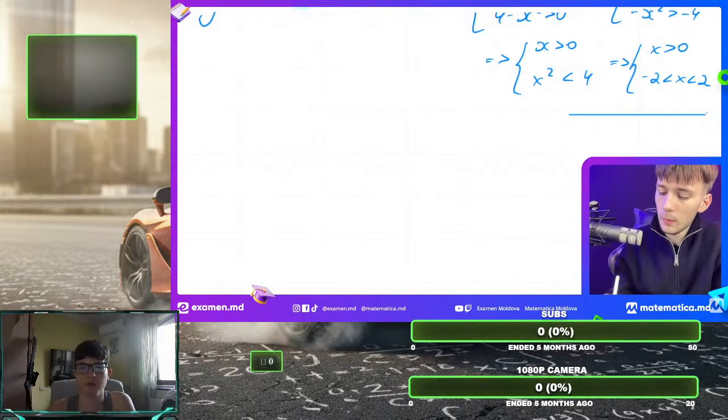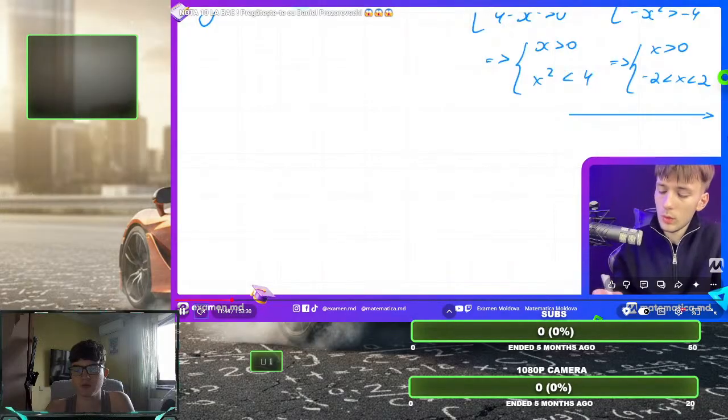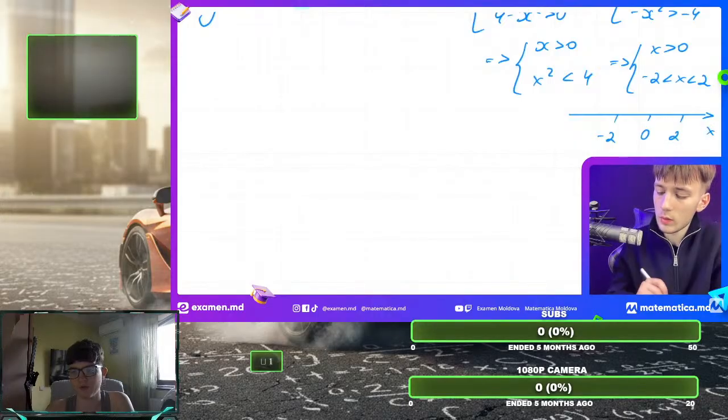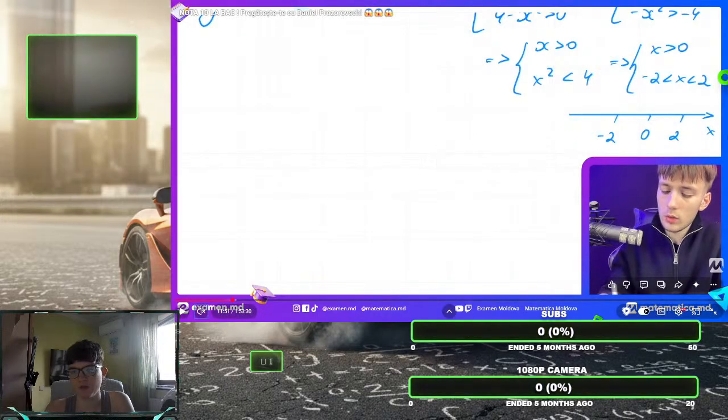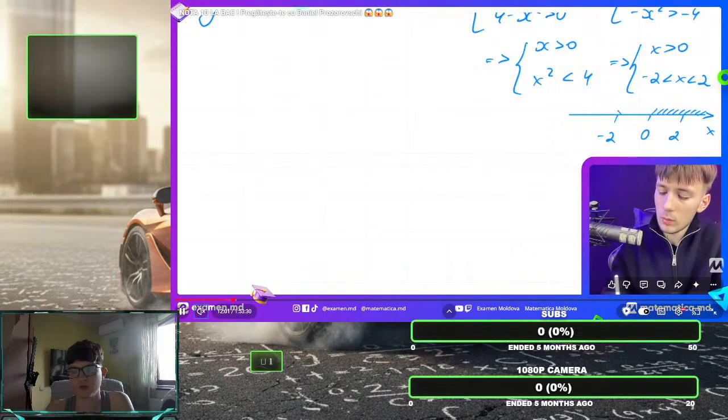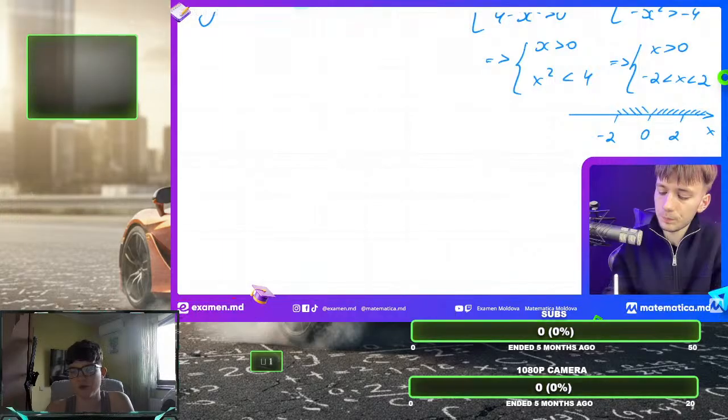And now we're just gonna plug in the values right here. We have an uncolored circle, as this is not bigger or equal, stuff like that. -2, 0, and 2, that's the DVA values. That's that. And now we just get the values that are all crossed together. So basically from 0 gotta be bigger all the way.